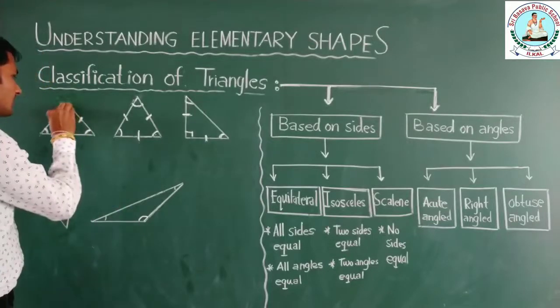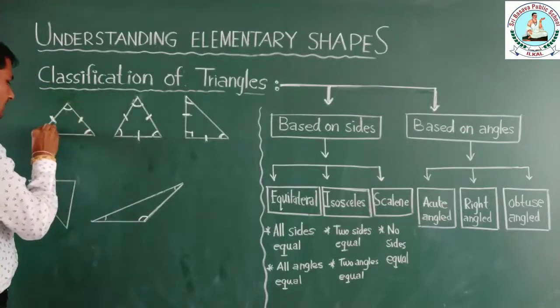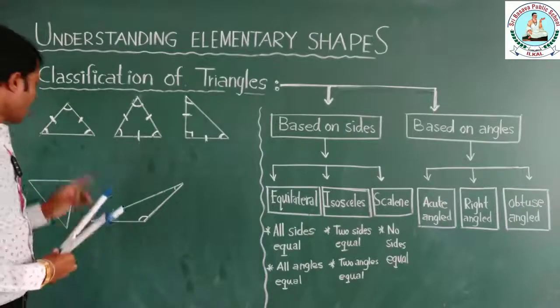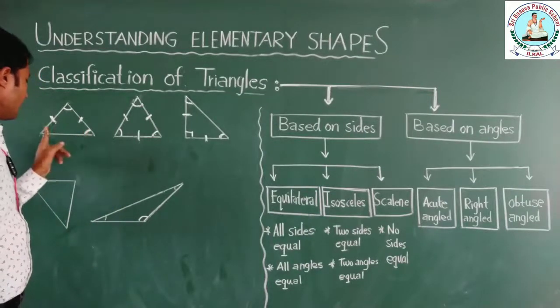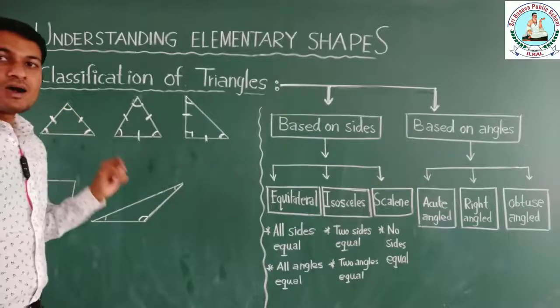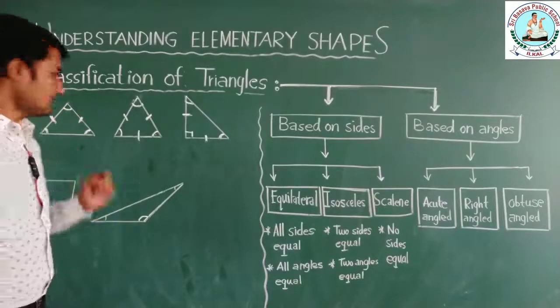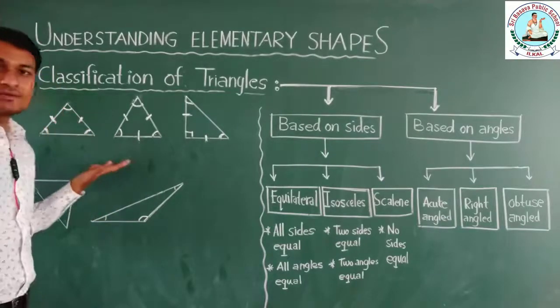When you concentrate on the angles of these triangles, you will find that the measures of all these angles are less than 90 degrees, so these angles can be called acute angles.